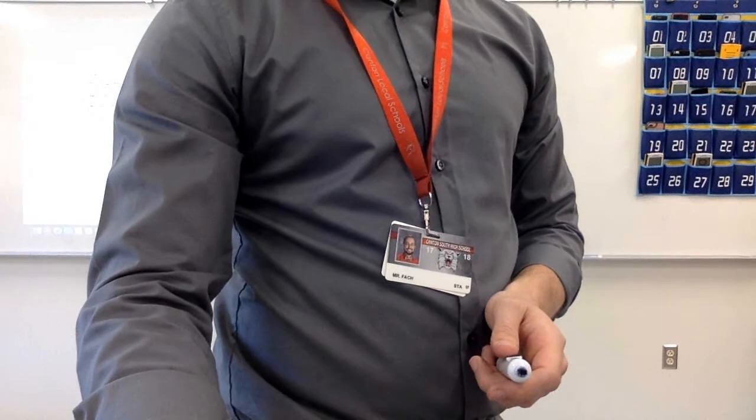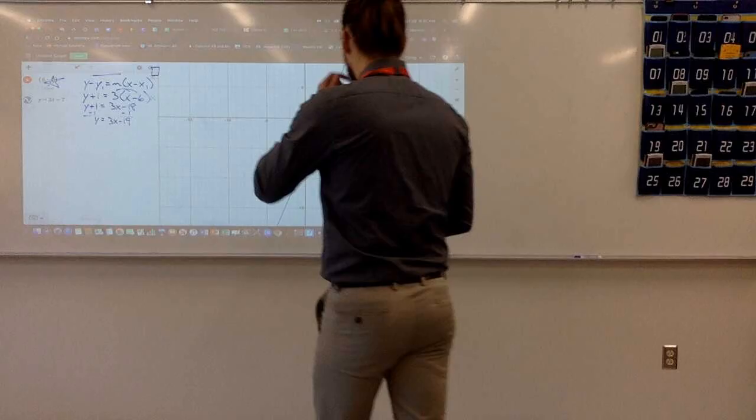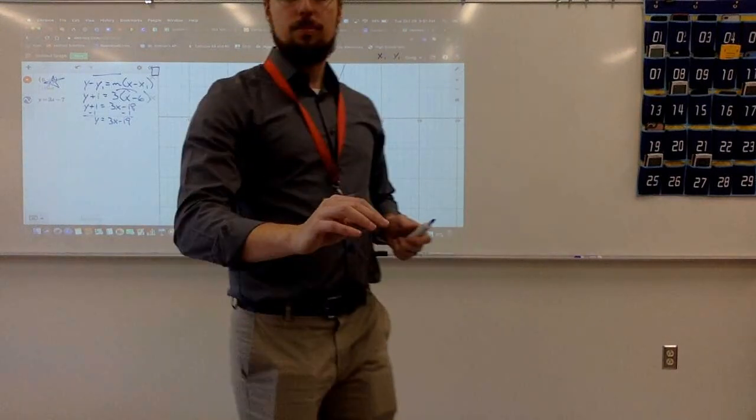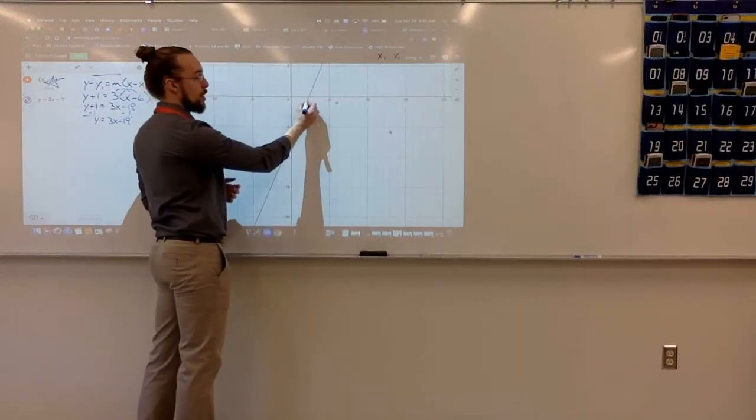So I want my new line to be parallel to my old line. So if I'm looking at this graph, over 1, I can go do the same thing in the other direction. And I'm just going to do that until I get to the y-axis.